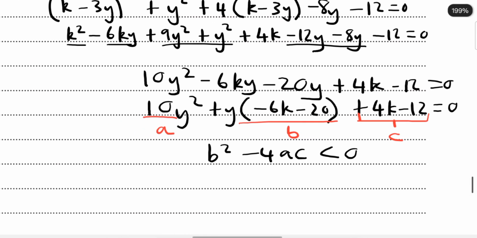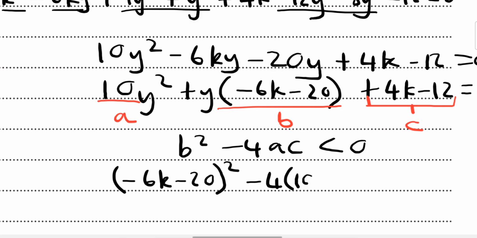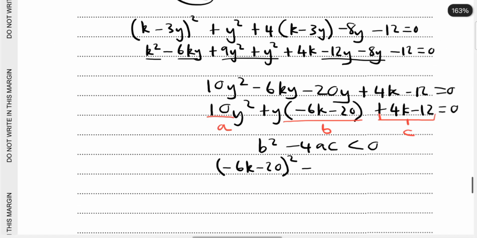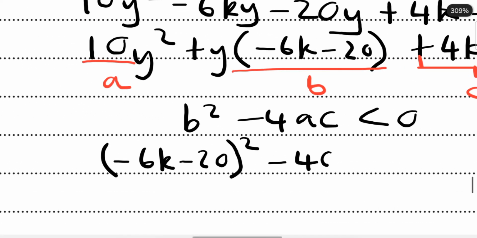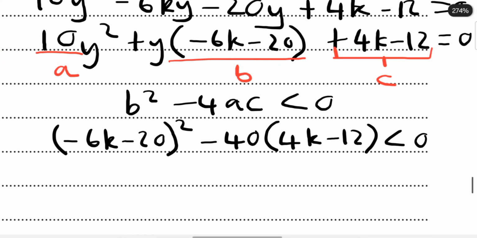So b squared, that's (minus 6k minus 20) squared minus 4, our a is 10, which gives us 40. Then our c is 4k minus 12, and this should be less than 0.